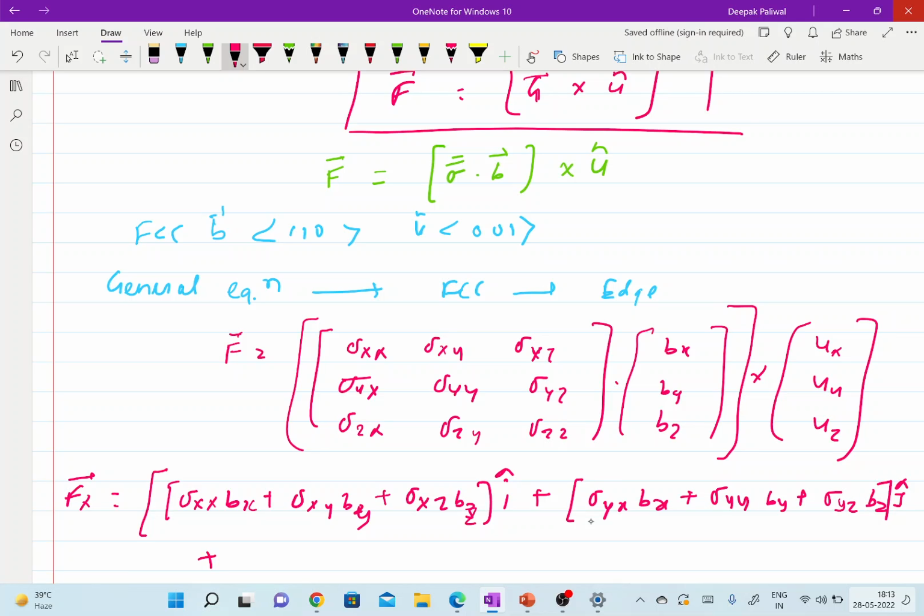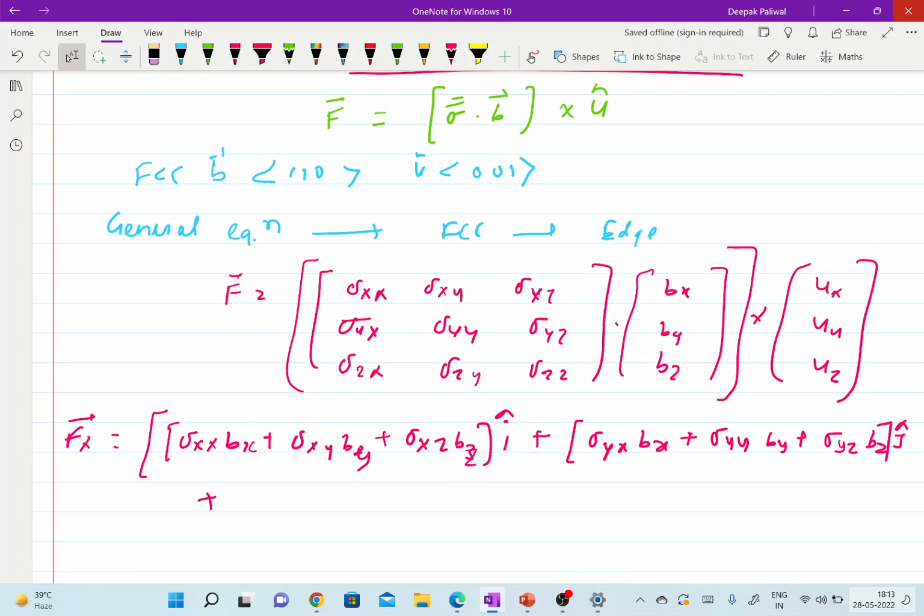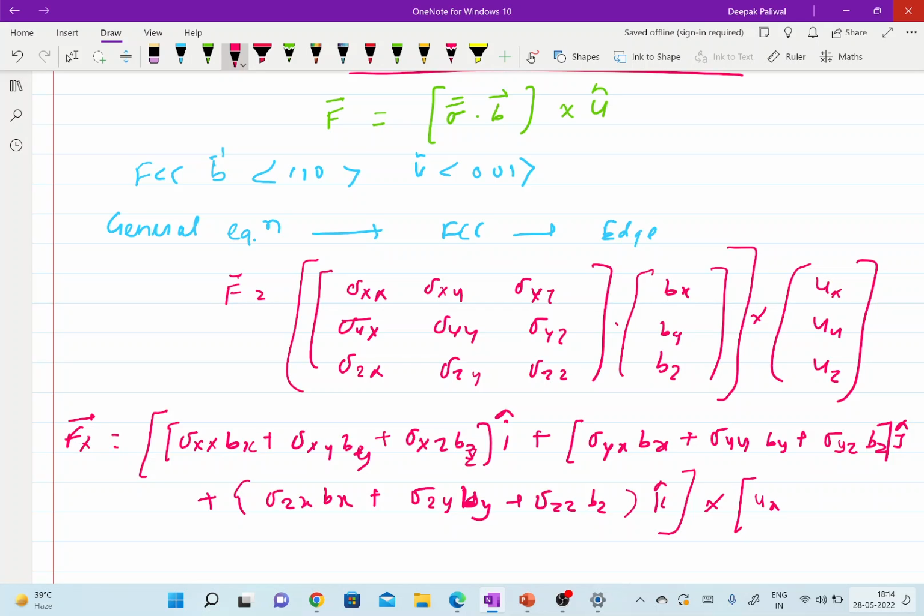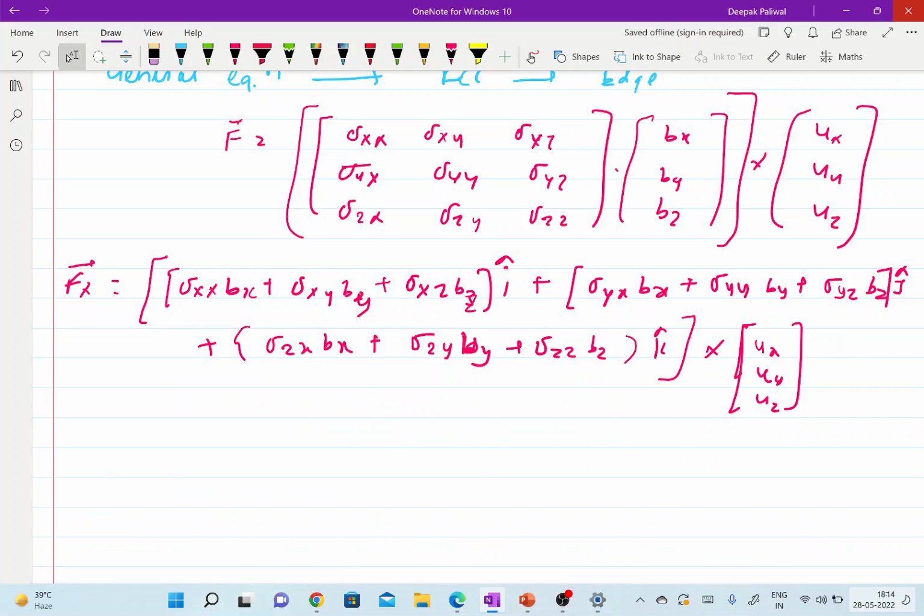Then sigma zx bx, sigma zy by, sigma zz bz, k cap. Bracket close, and we have ux, uy, uz. Now this is the very general equation.